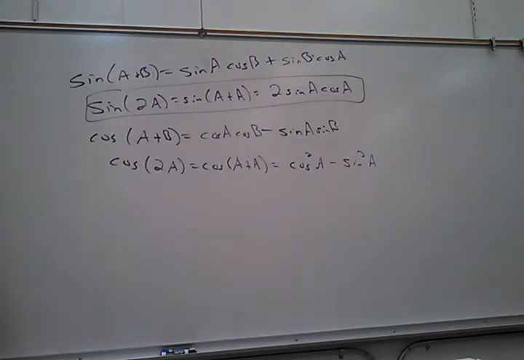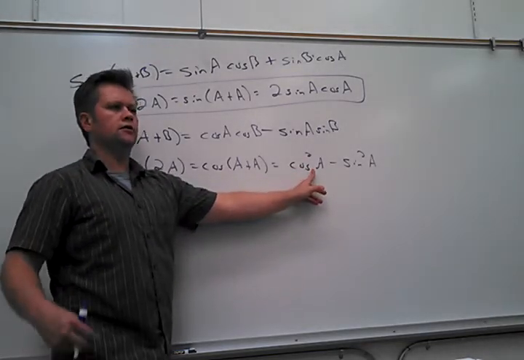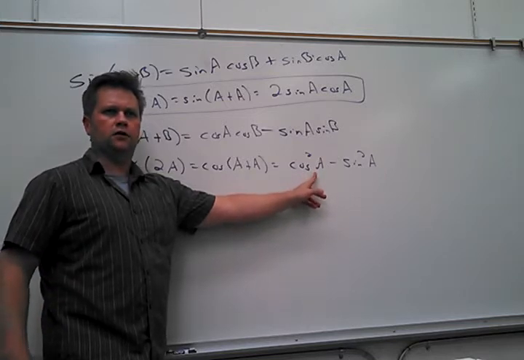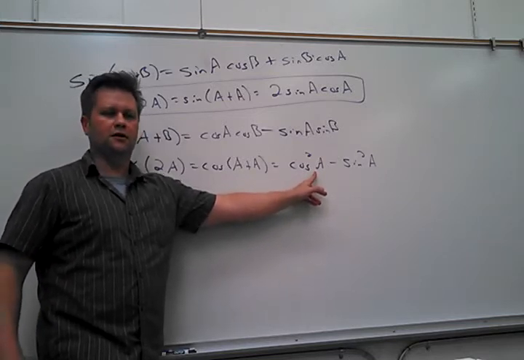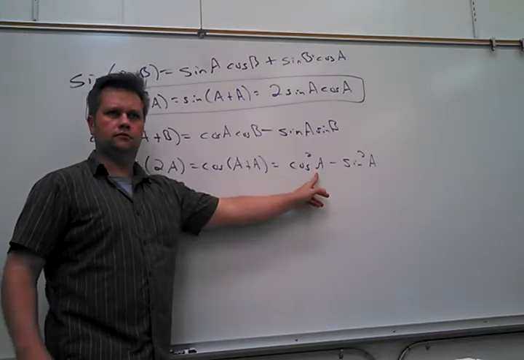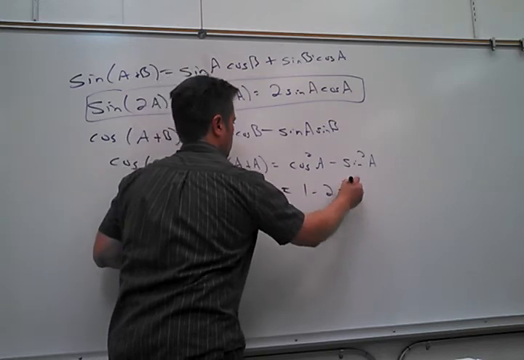This one's a little bit freaky, but you really only have to memorize one. This is another one of those where you can cut your memorization in thirds because there aren't 3 things to memorize. Here's just one. What's the most basic identity involving cosine squared? 1 minus sine squared. So 1 minus sine squared is 1 minus 2 sine squared.